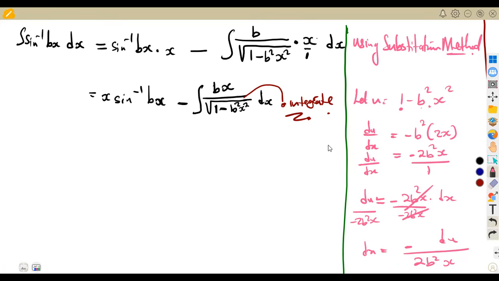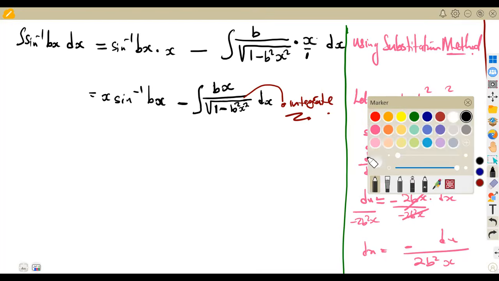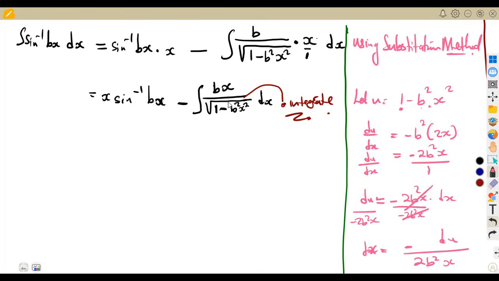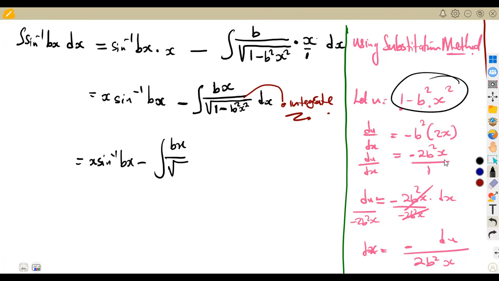Substitution method, guys, just go back to N5 and have a recap, because this is a continuation, remember that. Okay, so now that you have dx, this is the major part that we want to get rid of here. So this is going to be given as x times arcsin of bx minus the integral of, this is just going to remain as it is, bx over the square root of 1 minus b squared x squared, which is our u.